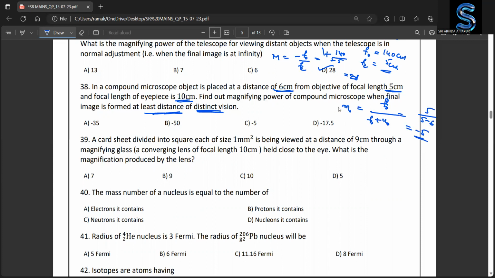This represents the magnifying power of the objective, whereas the magnifying power of the eyepiece is represented as 1 plus D by f, which is equal to 1 plus 25 by 10, so it can be represented as 3.5. We know that the magnifying power of a compound microscope is m naught into m e. So we get minus 5 into 3.5, which is minus 17.5. So the option is D.